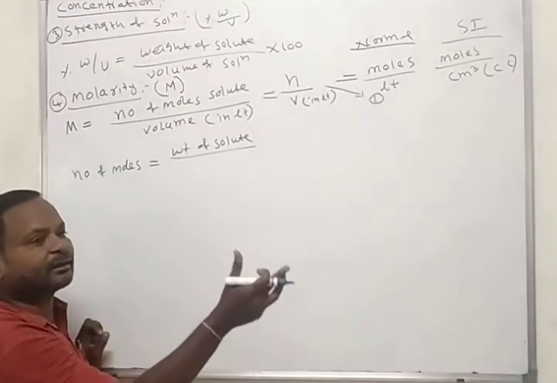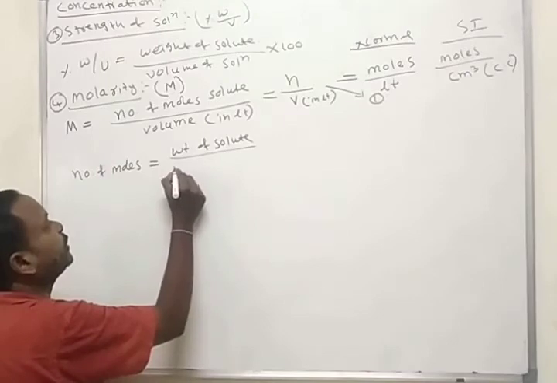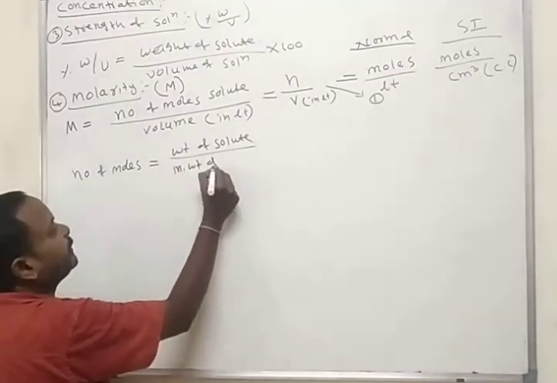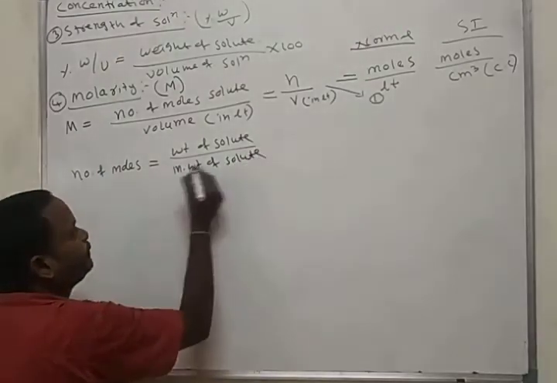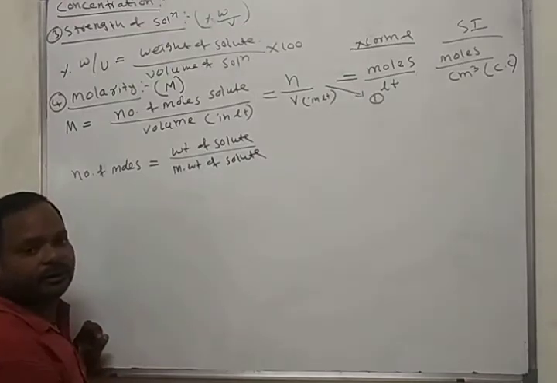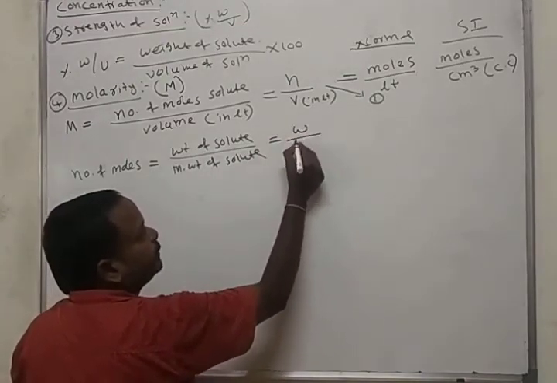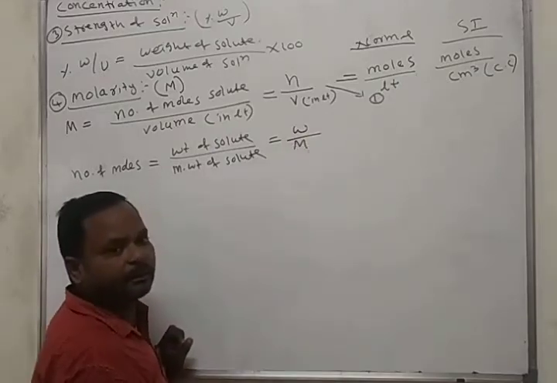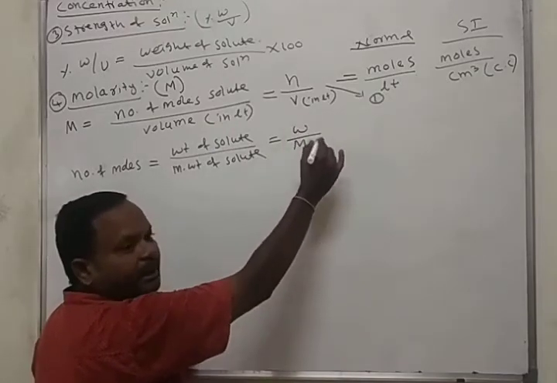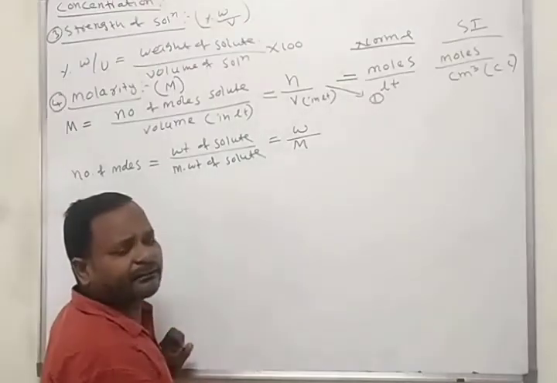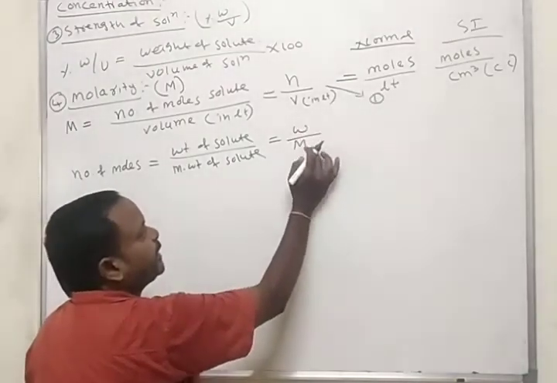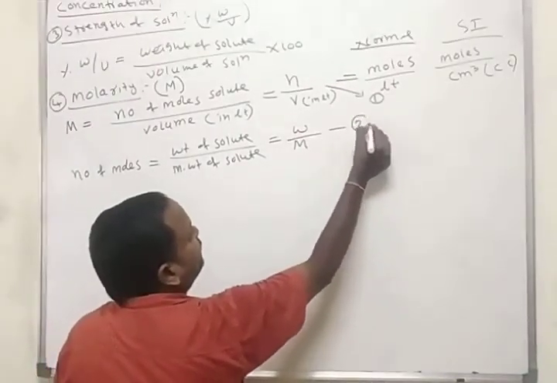Weight is indicated with W, and molecular weight with M. You can use any notation. W by M is the second equation.